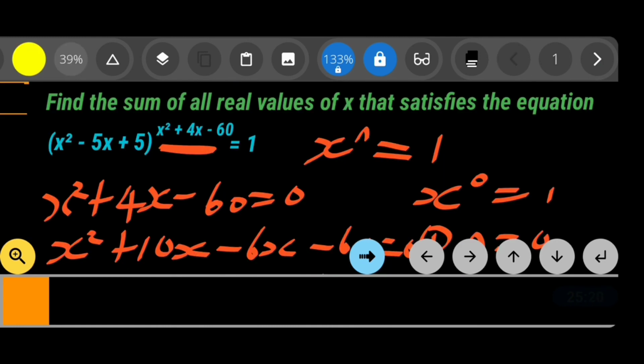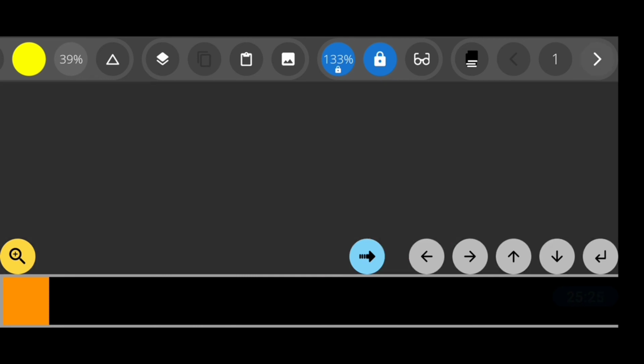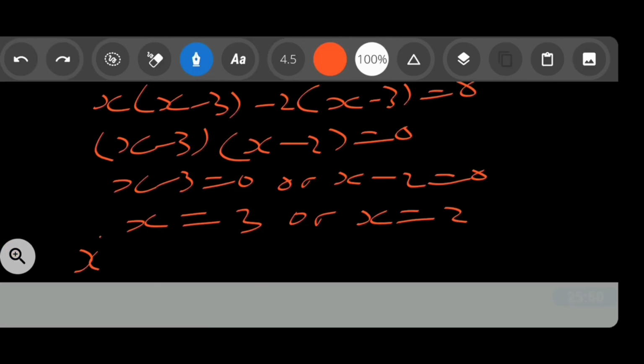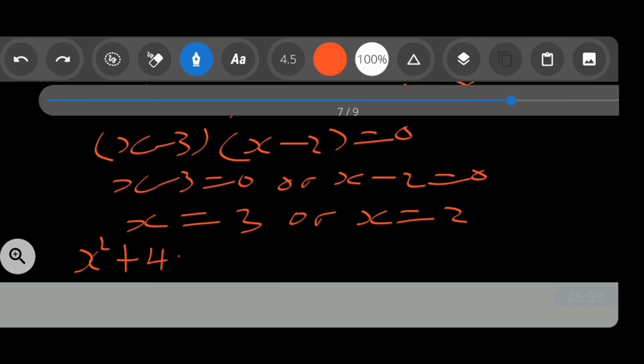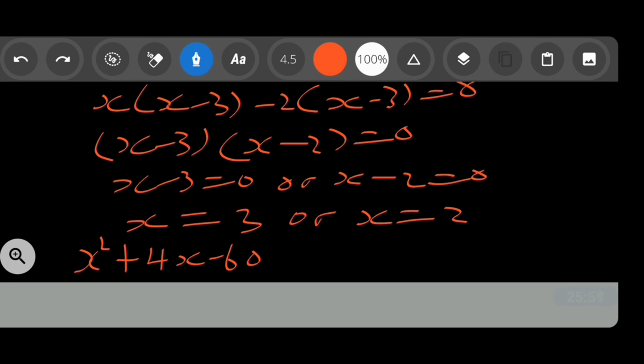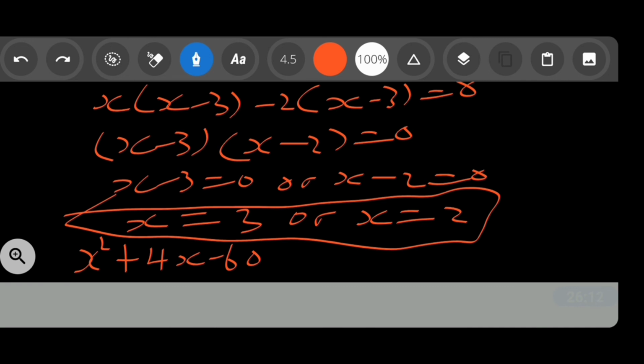Okay, our index is x squared plus 4x minus 60. Okay, so let's use that. So we need to make sure that this expression is even for these values of x. Okay, so let's do that.